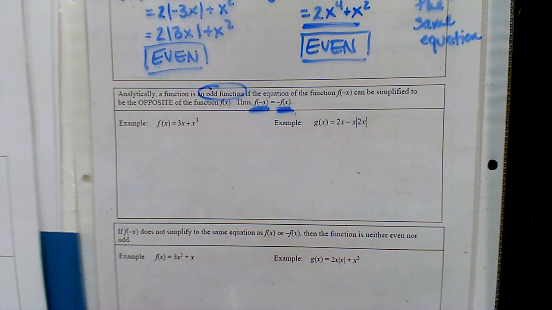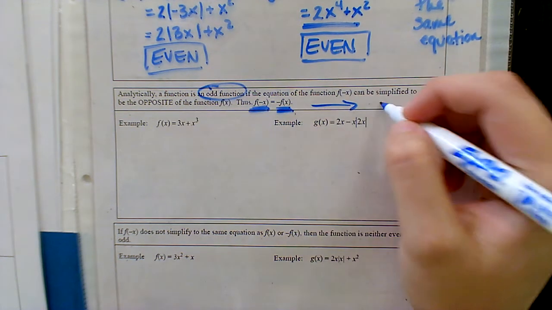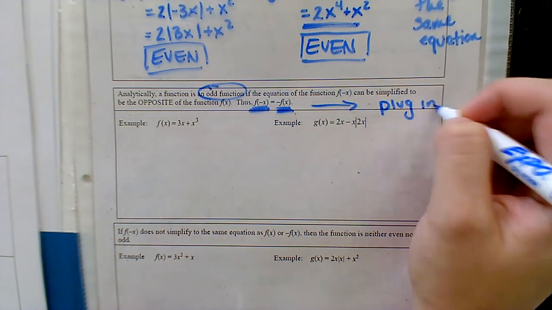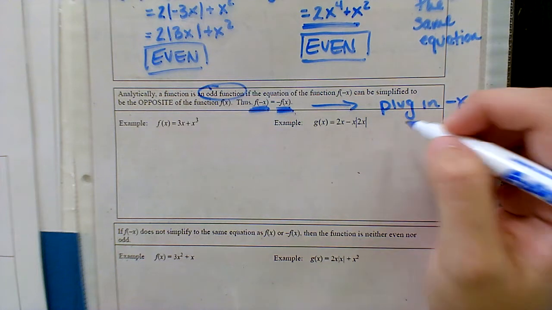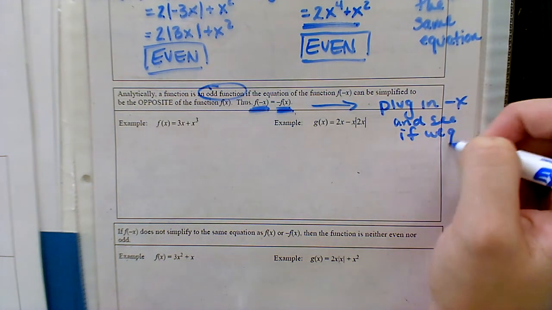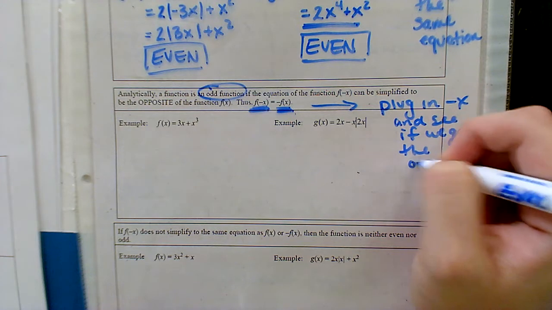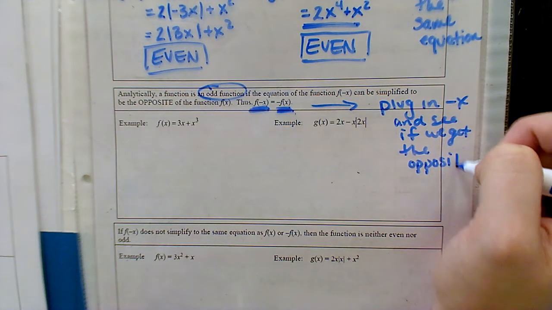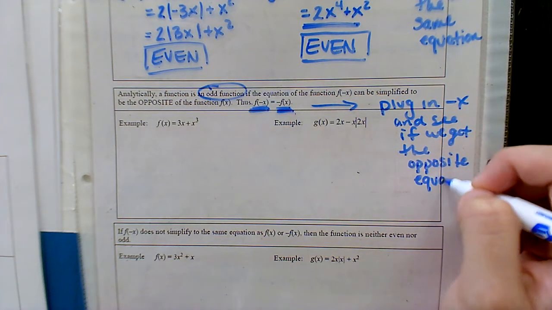The opposite. The opposite of the original. Okay, we want everything to be opposite. So in this case, we're going to plug in negative x just like before and see if we get the opposite equation.